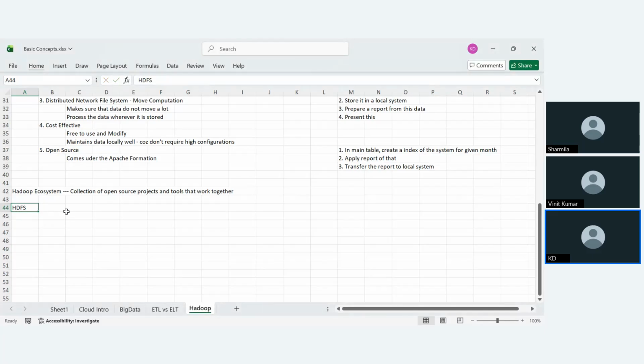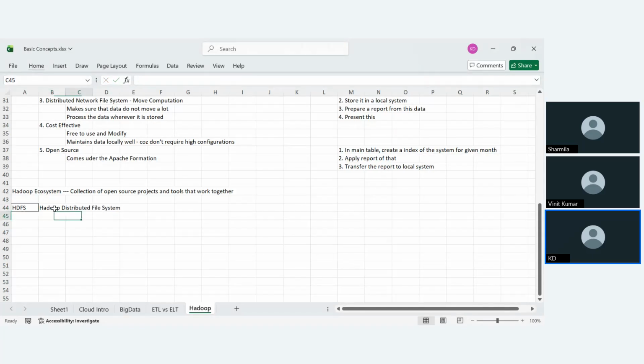So this HDFS, do you know the full form of this? This is Hadoop Distributed File System.